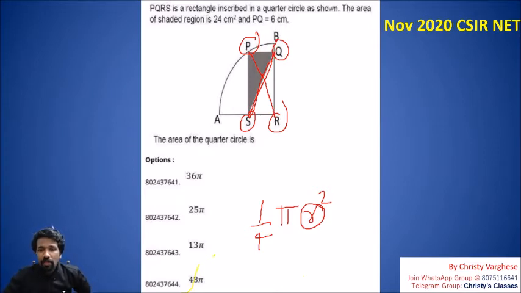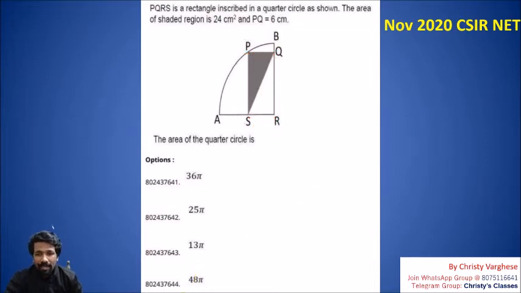As they both are equal, you can use Pythagoras theorem to find this QS length, which is equal to PR length. So find this length using Pythagoras theorem because the question says PQ is equal to 6. But the problem is PS length we don't know. Let that be X. PS length. How to find PS length?